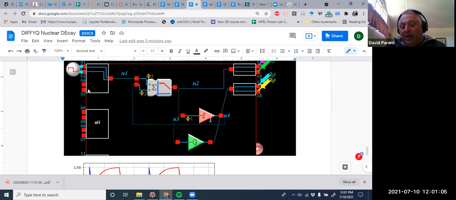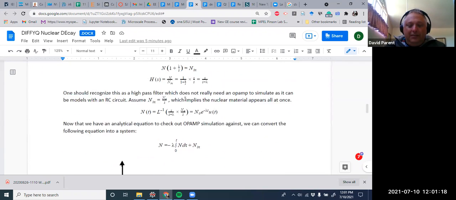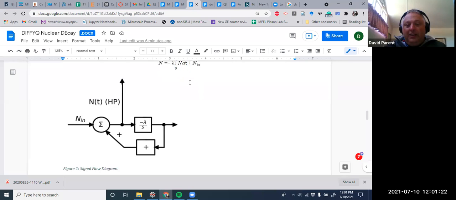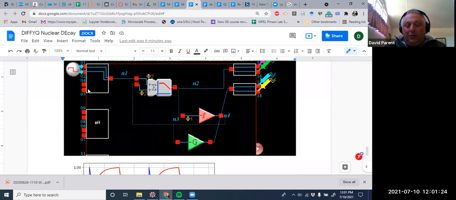And then here's an inverting integrator. Because we got an inverting sign here, if I'm going to integrate, I sum, I integrate, and then I multiply it by -1 and feed it back here.